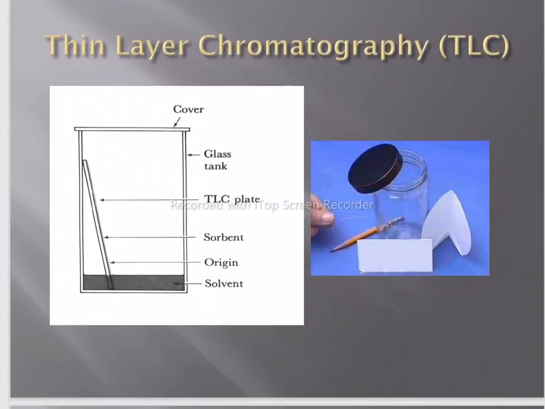This figure shows how we perform thin layer chromatography. In the figure, the small plate shown is a TLC plate, and always use a pencil to mark on the TLC plate, because if you use ink or any other color, it will also travel with the mobile phase.